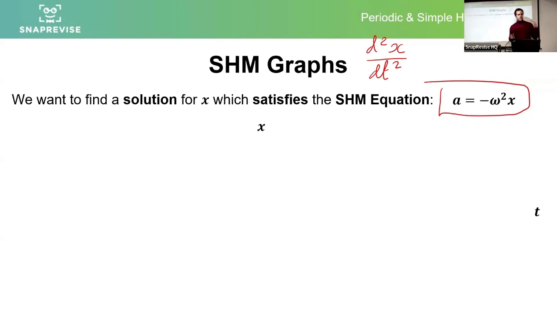The net result is that acceleration is displacement differentiated twice with respect to time. So the real equation you're trying to solve here for x is this horrible linear equation. I need x to be a function of time, such that when I differentiate it twice, it equals itself, but negative.